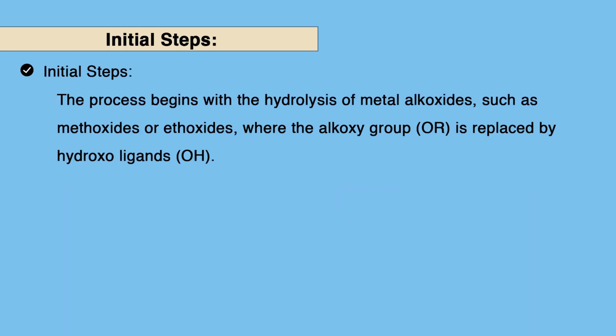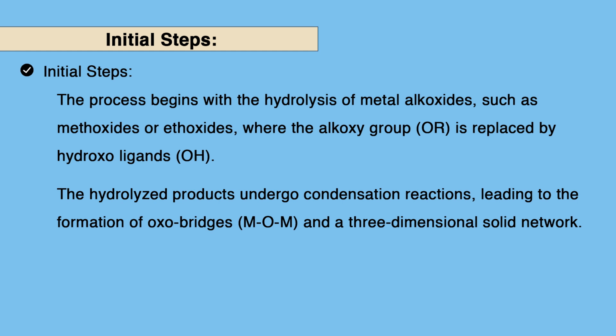What is the process overview? In the initial step, the process begins with the hydrolysis of a metal alkoxide such as methoxide or ethoxide, where the alkoxy group OR is replaced by a hydroxy ligand, that is OH. The hydrolyzed product undergoes the condensation reaction, leading to the formation of an oxo bridge as shown in our picture, and a three-dimensional solid network forms.